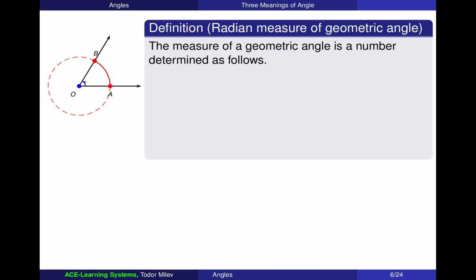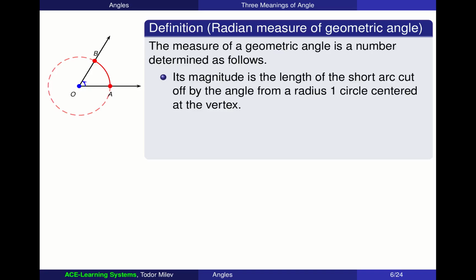So here's how the definition goes. The magnitude of the angle measure of a geometric angle is the length of the short arc cut off by the angle from a radius 1 circle centered at the vertex.